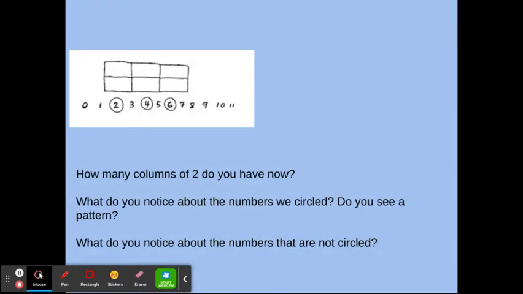Now let's look at this next one. How many columns of 2 do we have now? Yes, we have 3 columns of 2. Okay, what do you notice about the numbers we circle? Do you see a pattern?